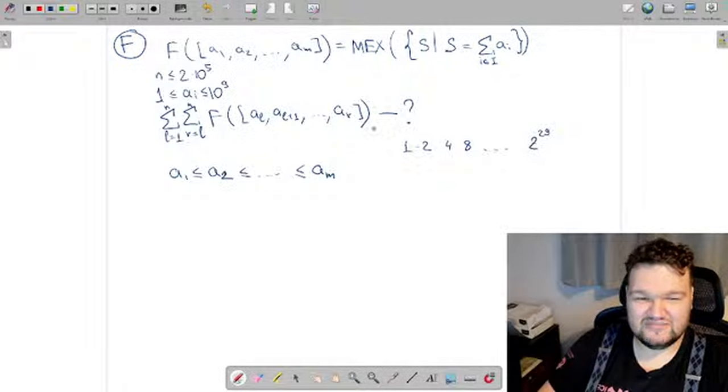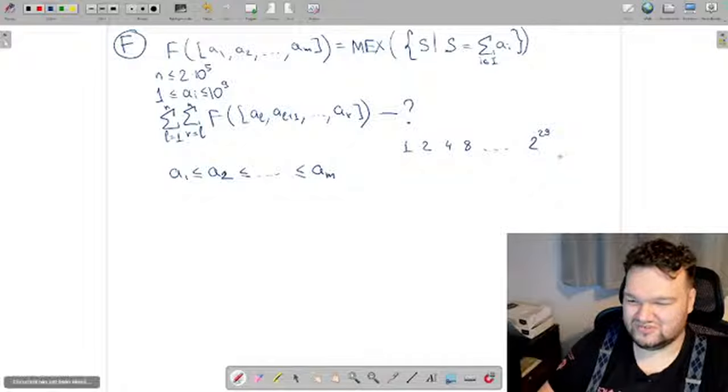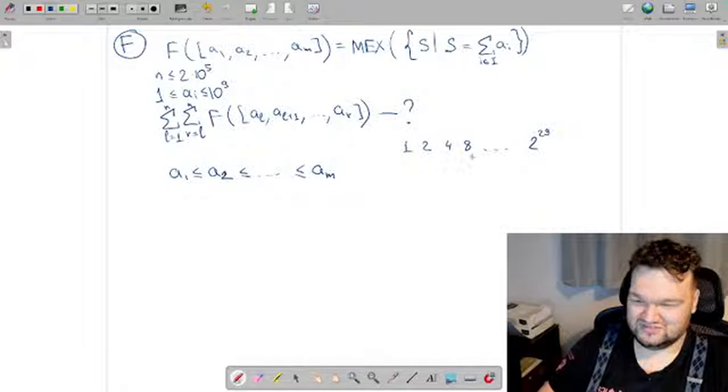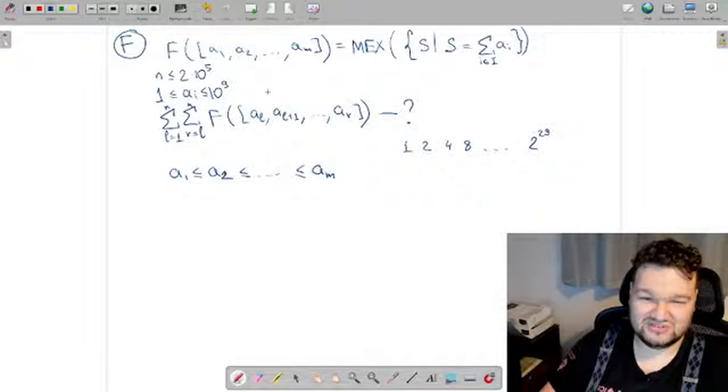Every number smaller than 2 to the power of 30 is representable as a sum of powers of 2 smaller than 30. So no, the max is not always small.